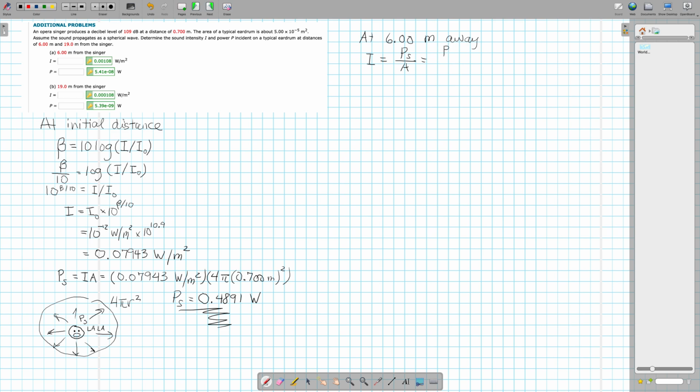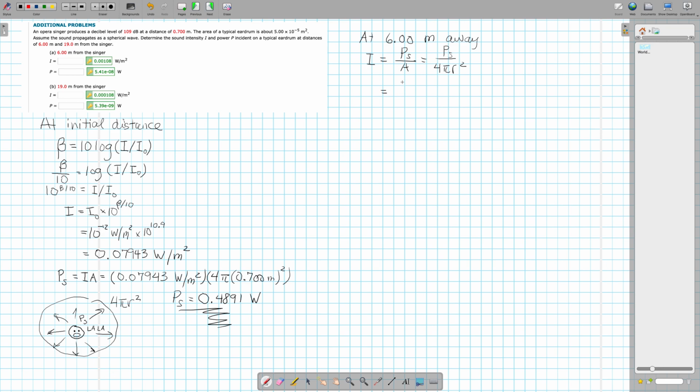So that's the singer's power output over 4 pi r squared. Now we're looking at a bigger sphere, a much bigger sphere in fact, 6 meters instead of 0.7 meters. So we expect that this intensity is going to be less because it's the same amount of power, but the surface area is a lot greater when you go farther away. That's why sound gets quieter when you're farther away.